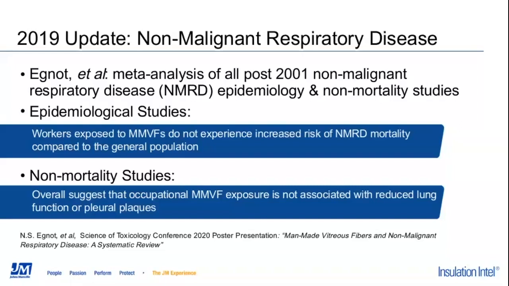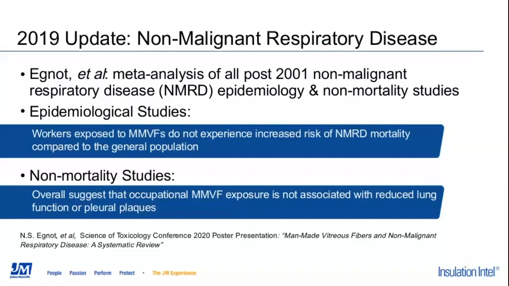This, you can see in the fine print on the bottom here, was supposed to be presented at the Society of Toxicology conference in Anaheim last week, but of course everything is canceled, so we're waiting to see where this is going to actually be published. But the conclusions are, first, on the mortality side, that workers exposed to these fibers do not experience an increased risk of mortality from non-malignant respiratory disease compared to the general population.